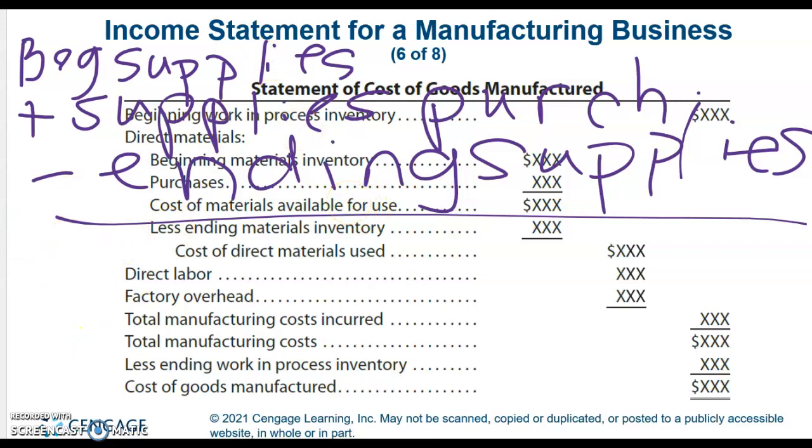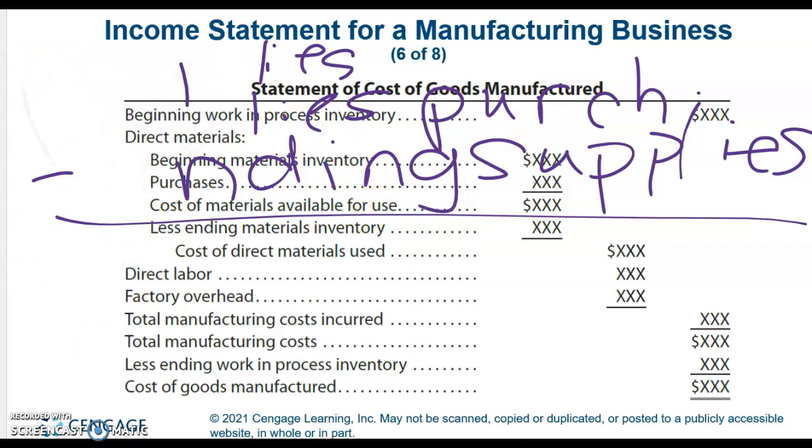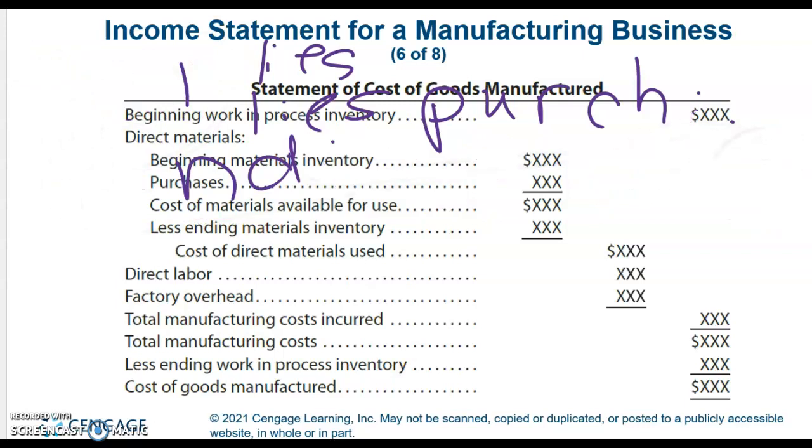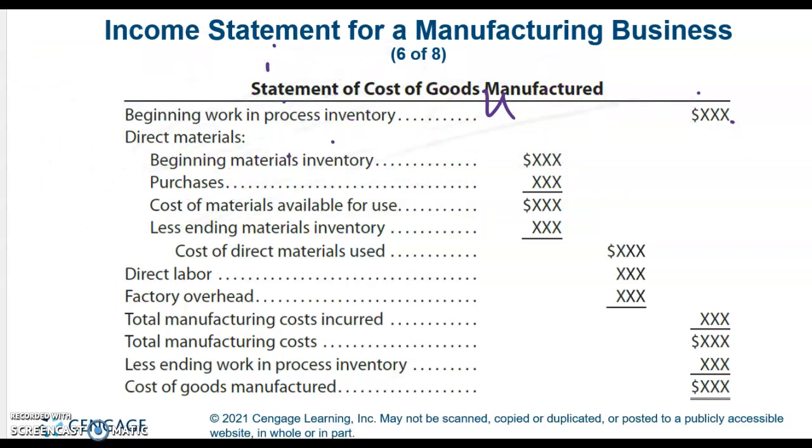Well, what we're going to do is basically the same idea, except it's not supplies. And with all of this, you're basically using that idea. Okay, so first let's look at direct materials. We're going to have beginning materials inventory, what's there, plus anything that's purchased. And that's going to give us the cost that's available for us to use, what's there and what we bought during the year.